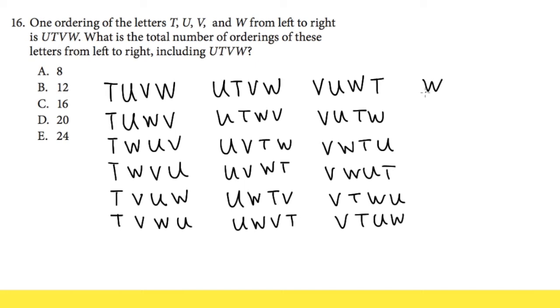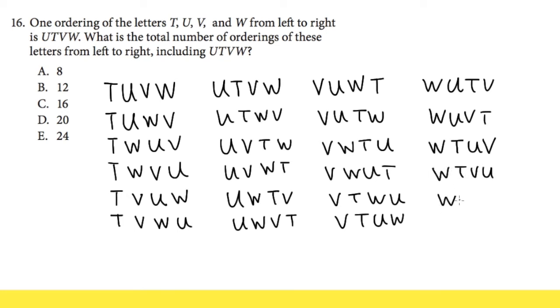W. I haven't started with W, right? So W, and let me just put U, T, V, and then I can have W, U, V, T, and then W, T, U, V, and then W, T, V, U, and then we can have W, V, T, U, and then W, V, U, T.